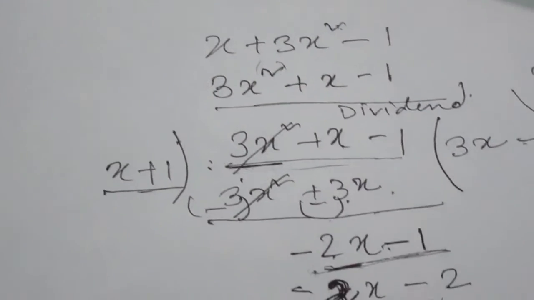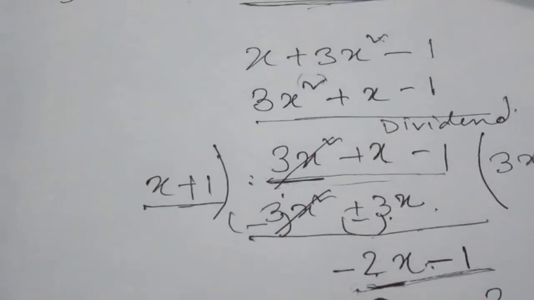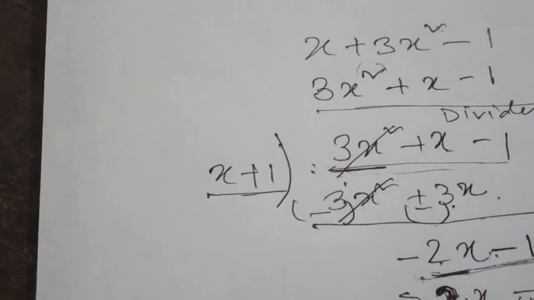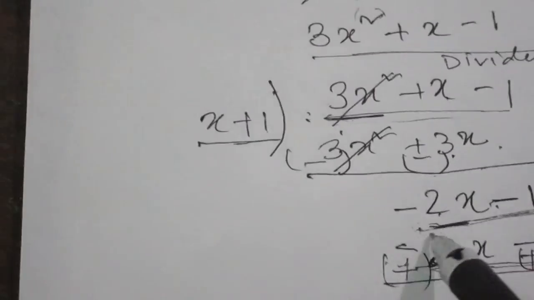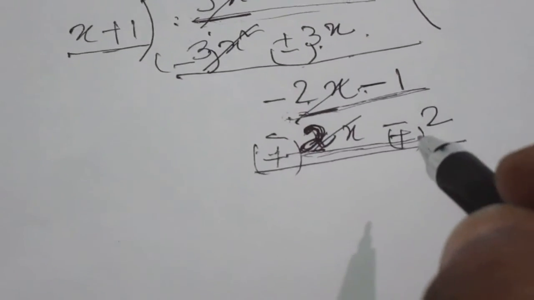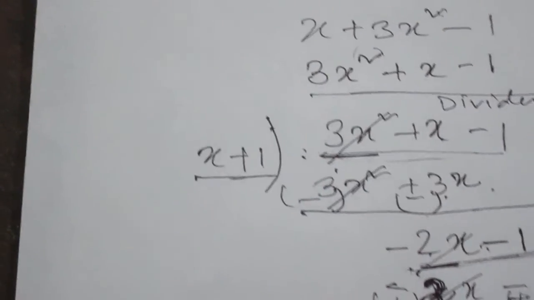If we subtract, then minus will give me plus, and here also minus will give me plus. So minus twice x plus twice x will get cancelled, and what is left behind is plus 2 minus 1, which gives me 1.